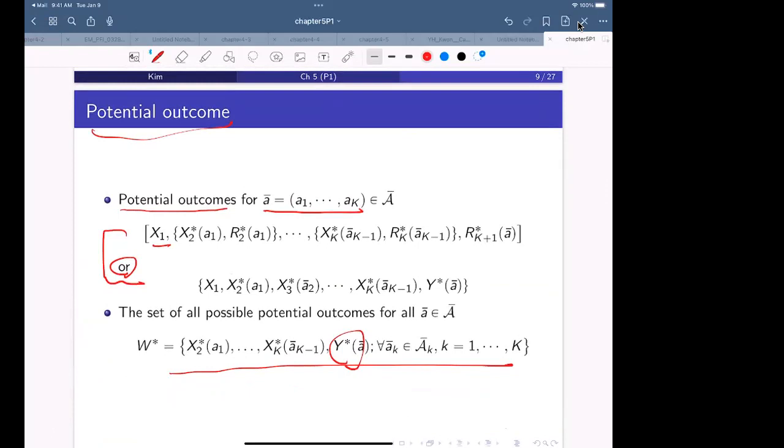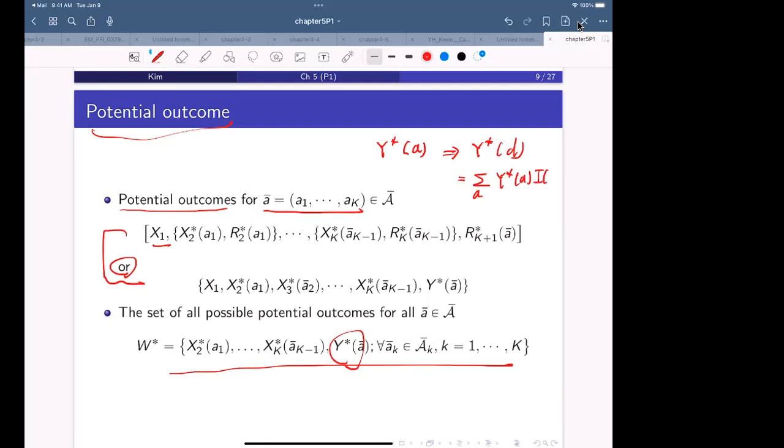Now remember, in chapter 3 we introduced this concept first, and then from this we introduced this concept, which is Y star of a.